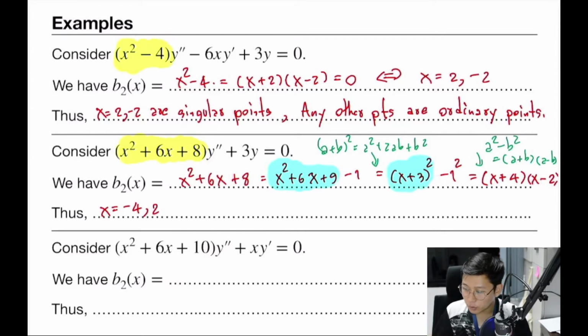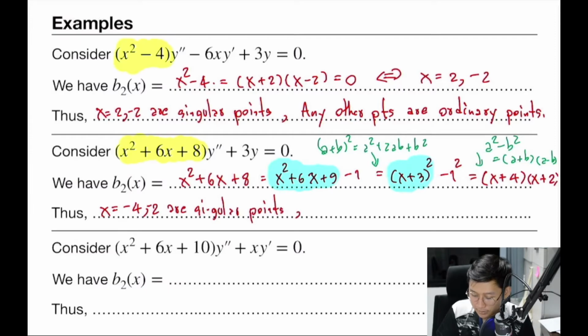Sorry, it's this x plus 2, sorry. So x equals minus 4 and minus 2 are singular points, and other points are ordinary points.